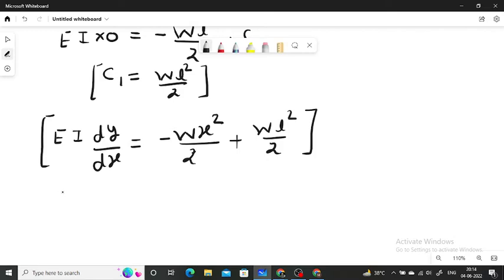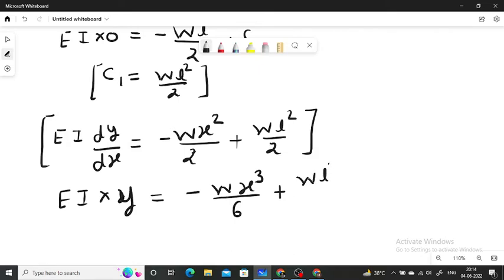about x. EI into y will be equal to minus WX cube upon 6 plus WL square by 2 into x plus C2. C2 is the integration constant.